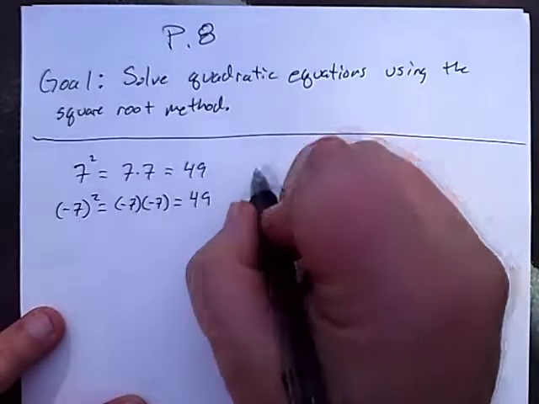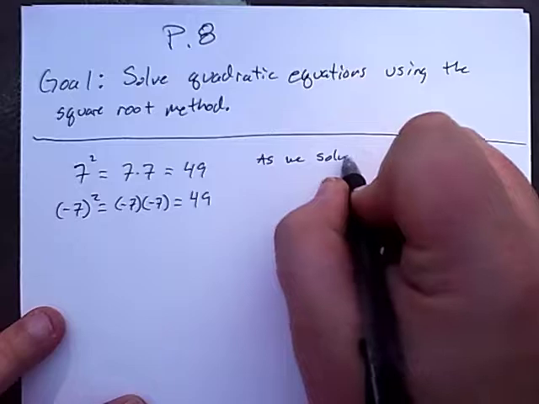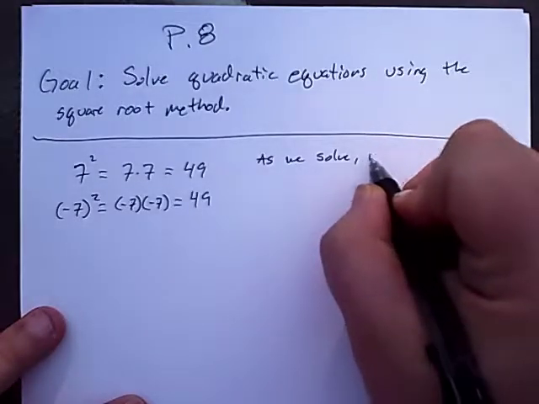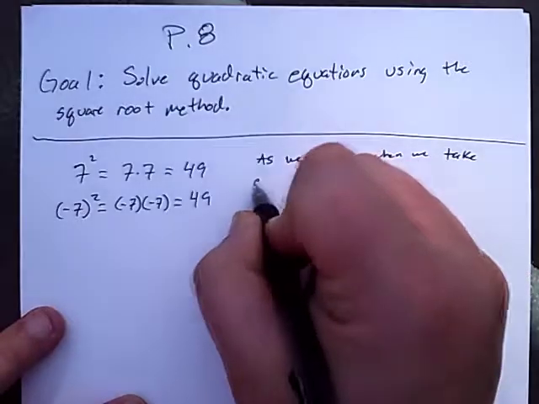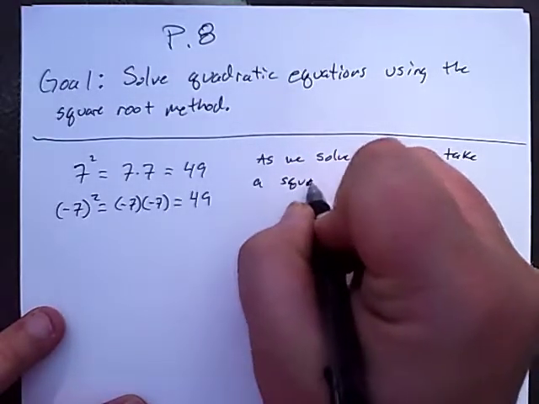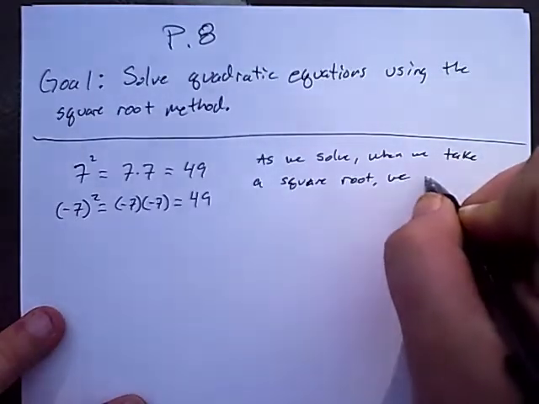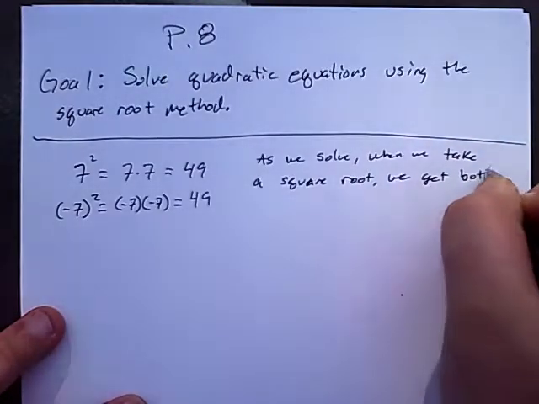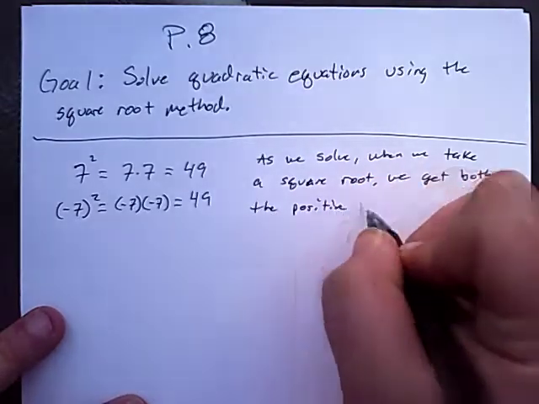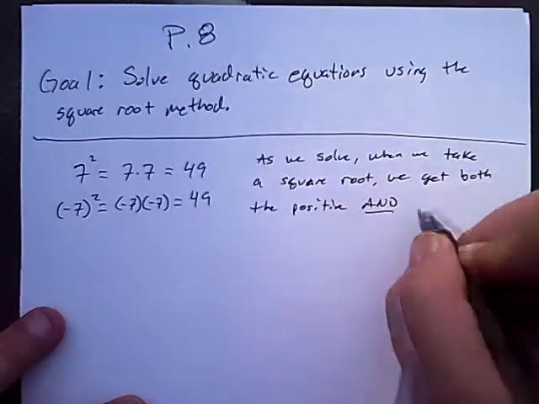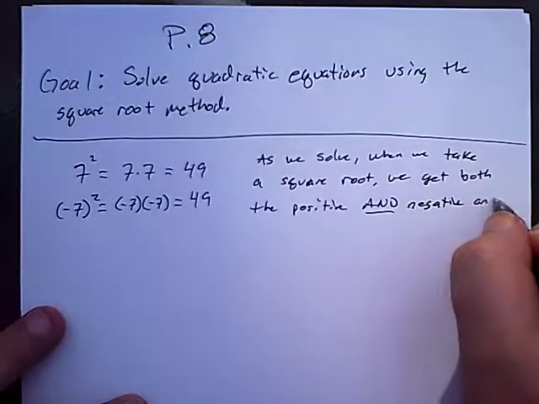So as we solve, when we take a square root, we get both the positive and negative answer.